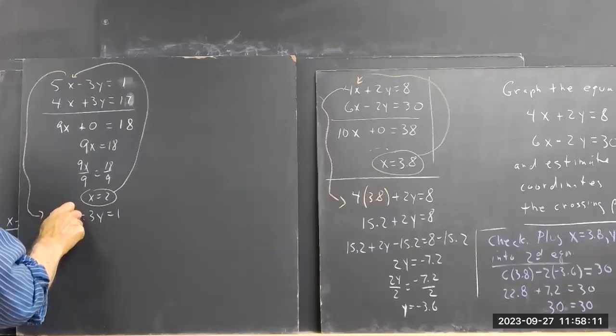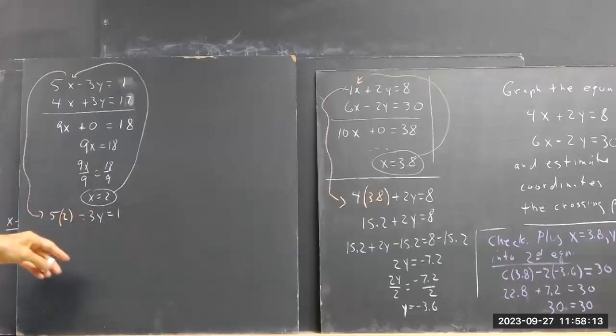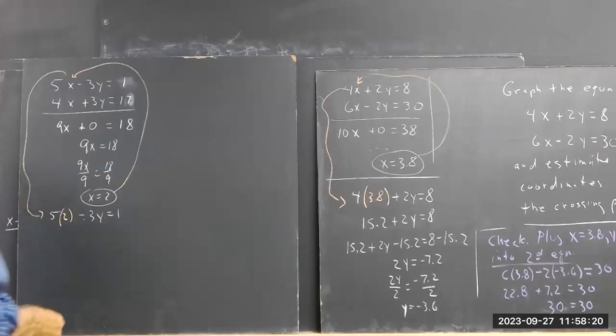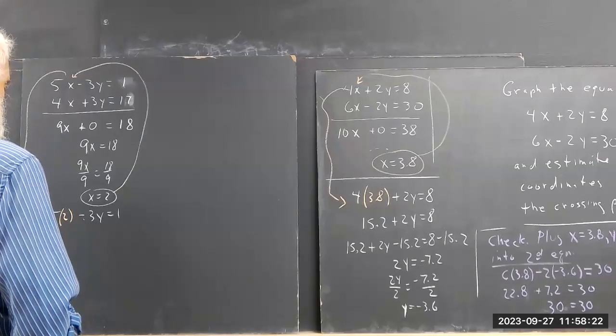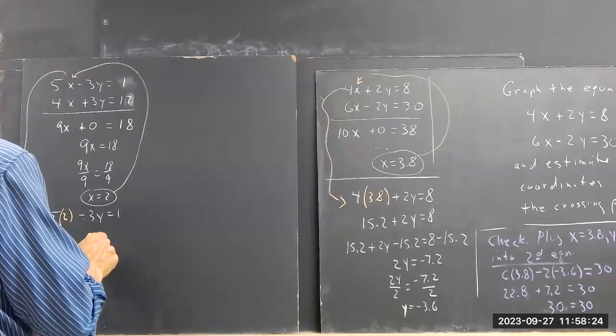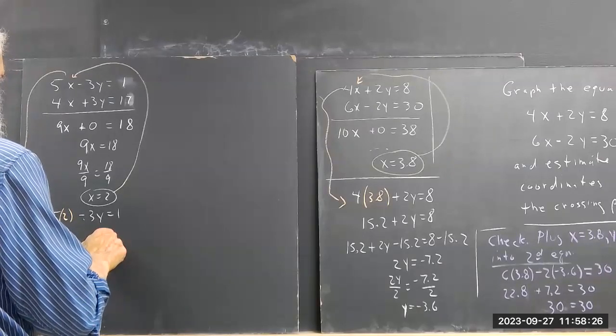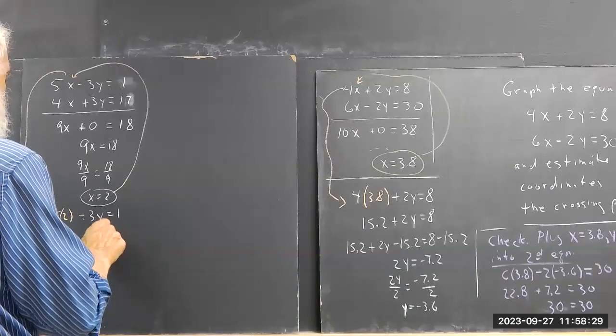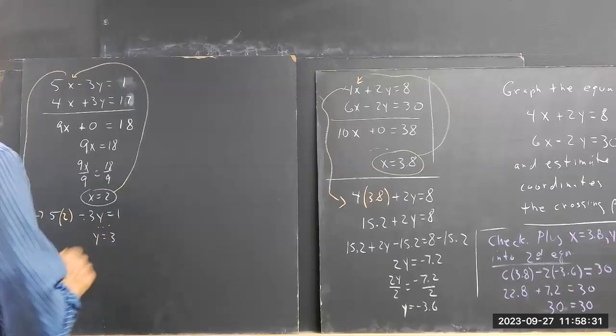Okay. X is 2, so 5x is going to be 5 times 2. We get 5 times 2 minus 3y equals 1. And we end up with y equals 3.